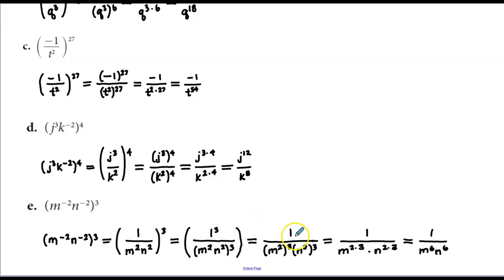Now 1 to the 3rd power is 1. We have m squared to the 3rd power, n squared to the 3rd power. So that becomes 1 over m to the power of 2 times 3 times n to the power of 2 times 3, which is equal to 1 over m to the 6th times n to the 6th.